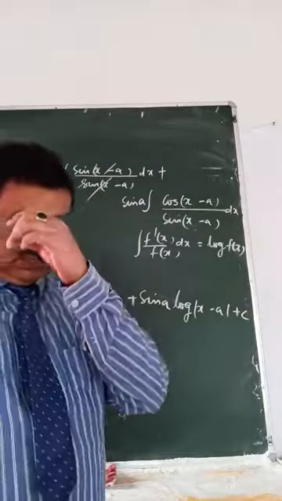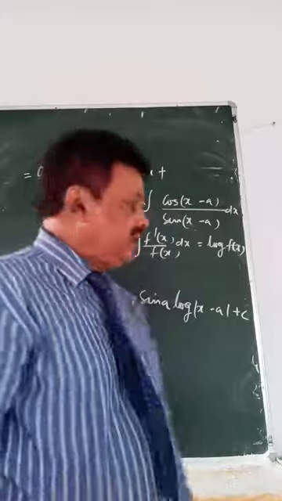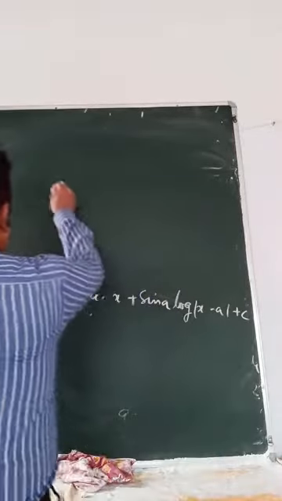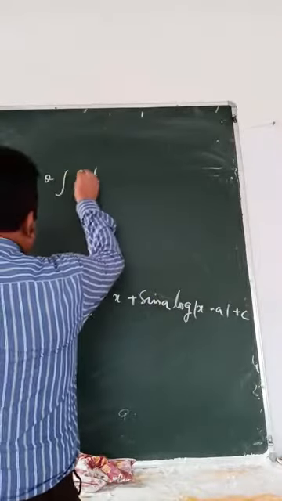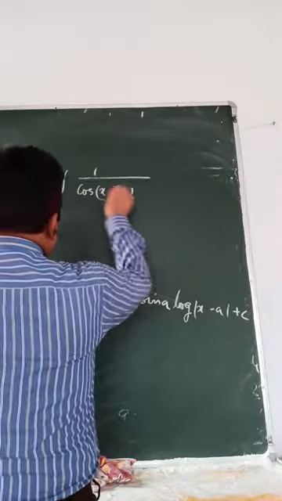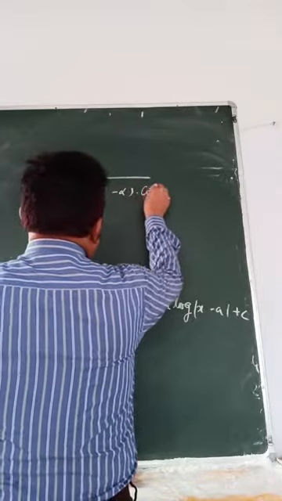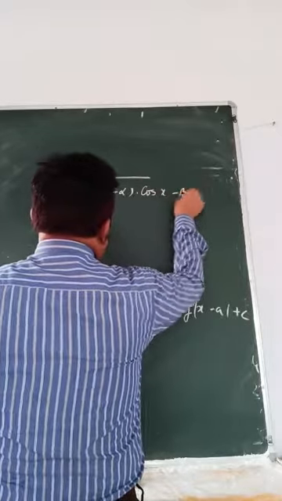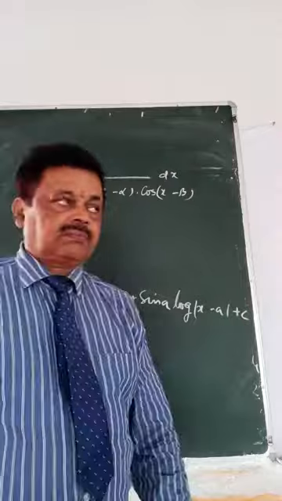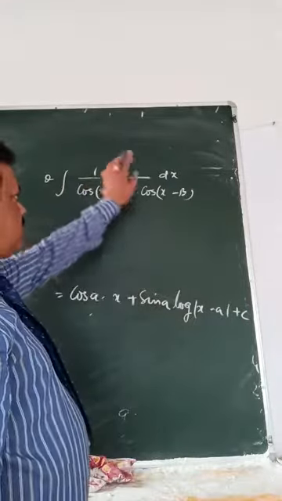Okay, this is a question. Now if I change it, if you find a different question, what about the question 1 by cos x minus alpha cos x minus beta? What do you do here? There is no sin, no cos here.